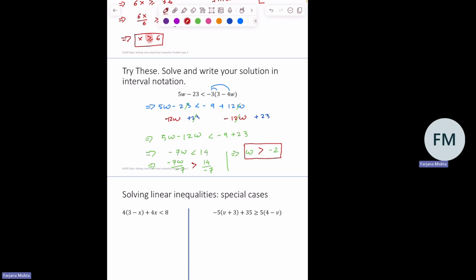Every time we are multiplying our inequality or dividing our inequality by a negative, we need to reverse our inequality symbol. So in terms of interval, w is greater than negative 2, so negative 2 to infinity, parentheses, parentheses.